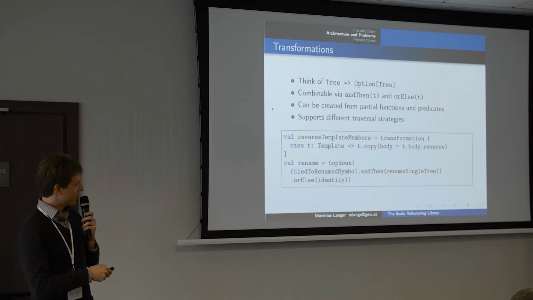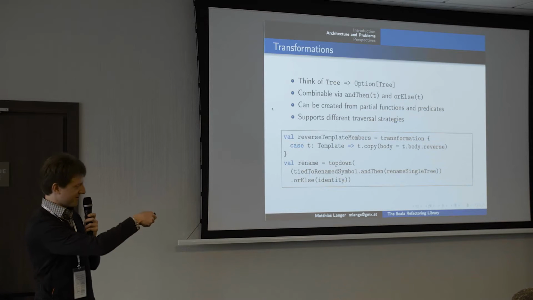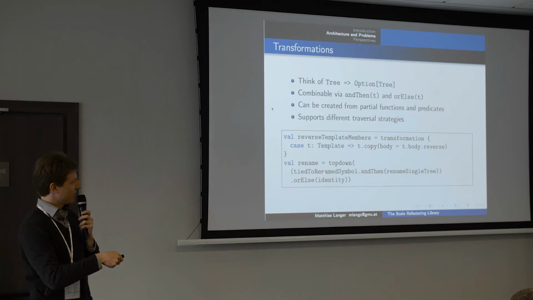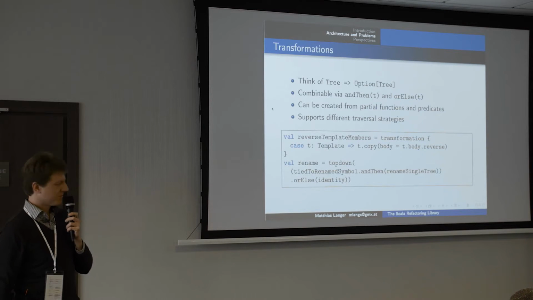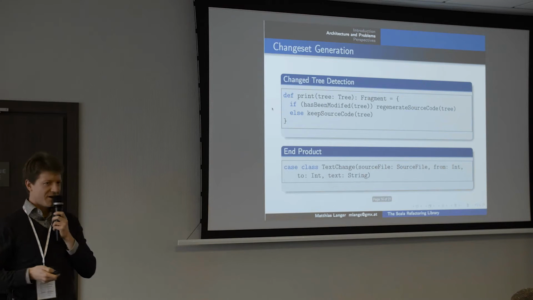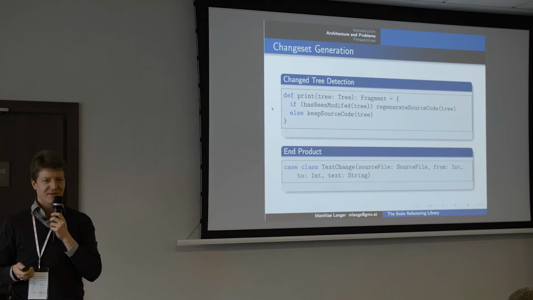Yeah, you need it because this tied to renamed symbol transformation, which is not written down here on the slide, converts all trees that are not tied to the renamed symbol to none, because the transformation is modeled as a mapping from tree to option tree. Okay. Are there any other questions maybe? So if something is unclear, just step in and ask me.